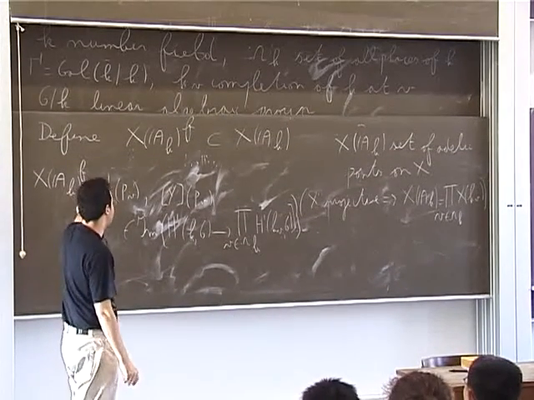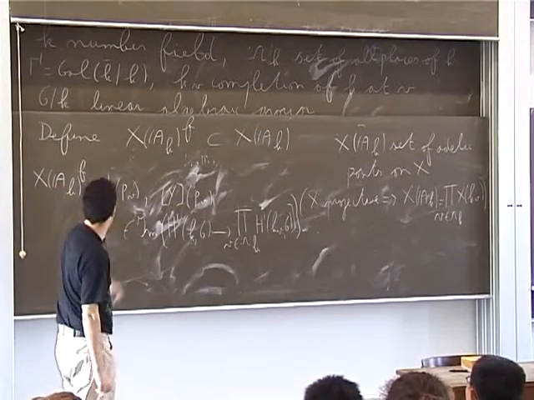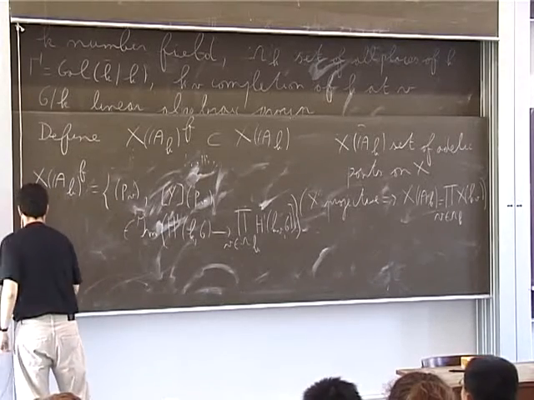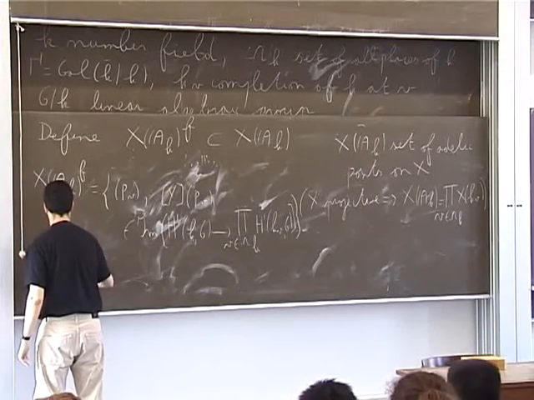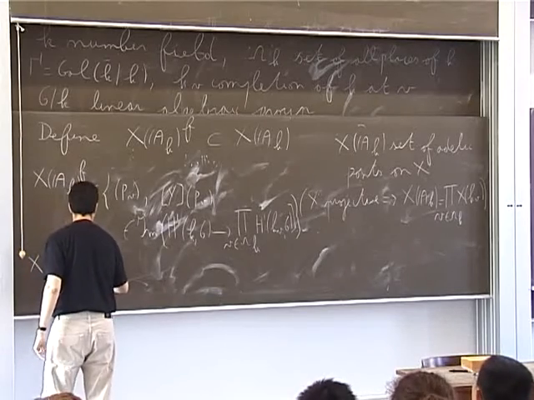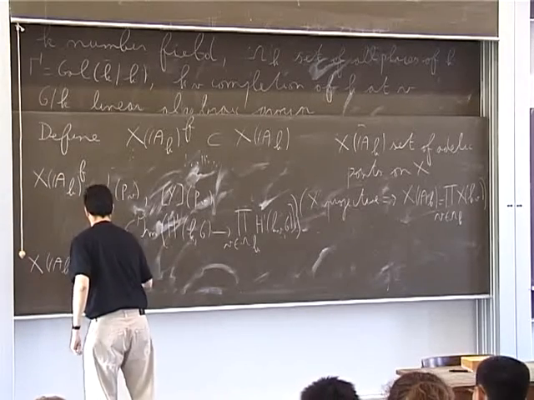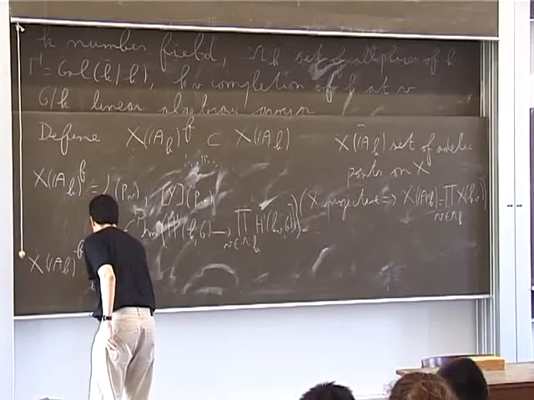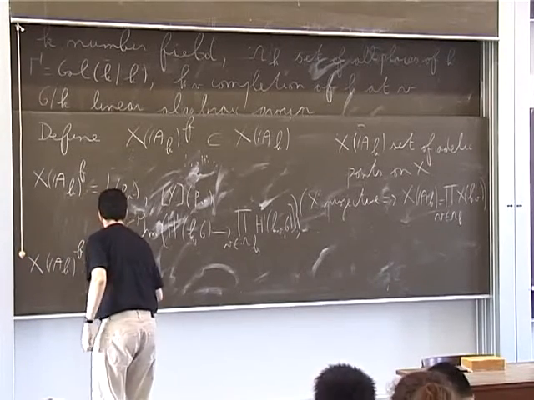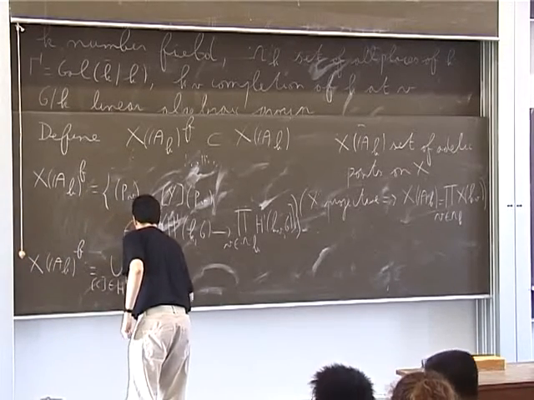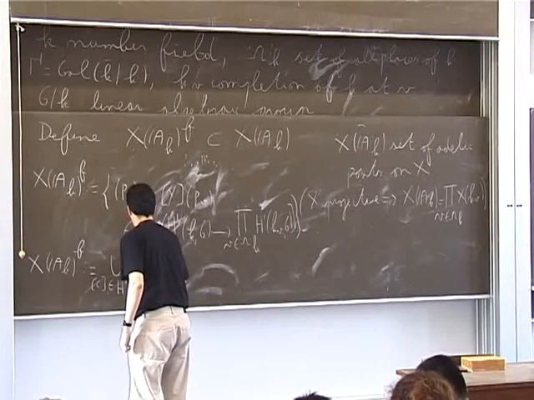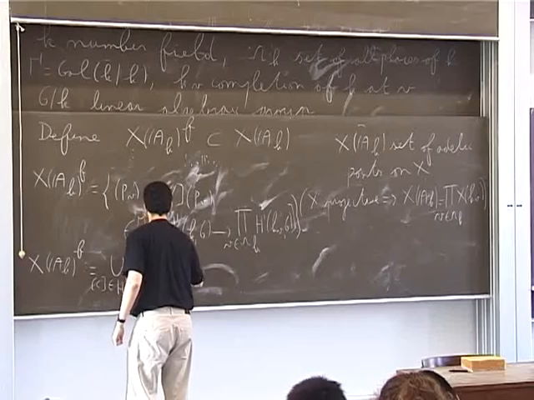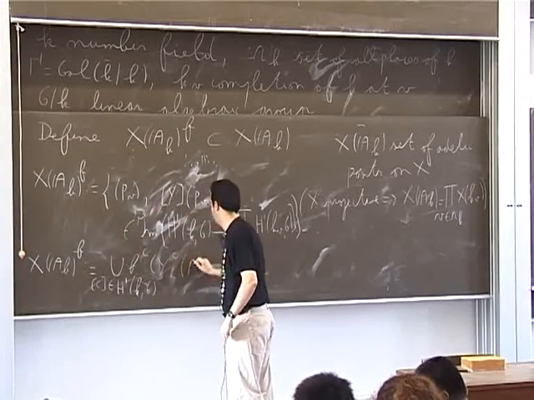Okay, and recall that there is another description of this set using the twisted torsors. X of AK to the power F consists of the union, running over all cohomology classes C in the Galois cohomology set H1 of K, G, of the image of the set of adelic points on each twisted torsor.